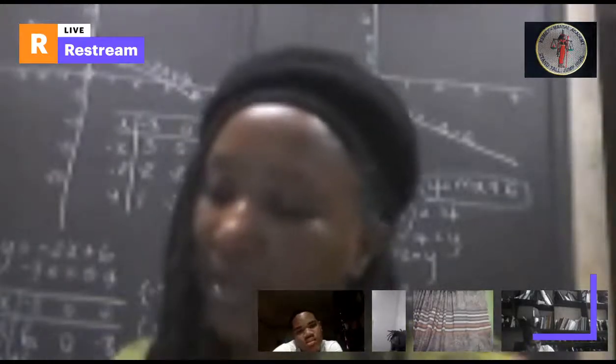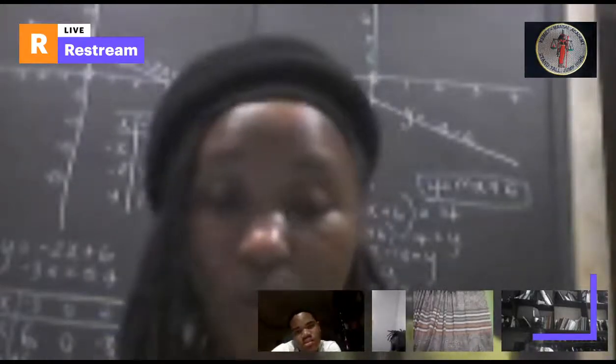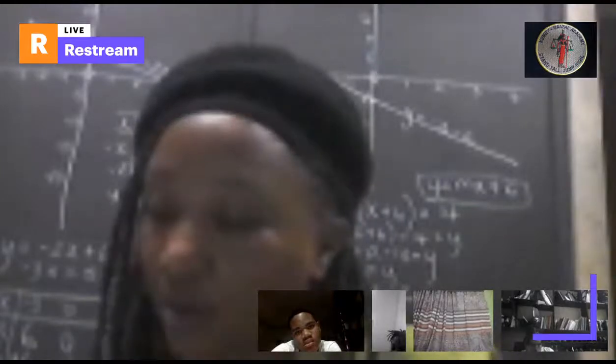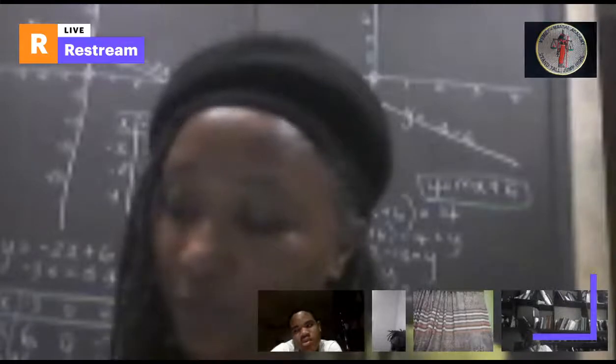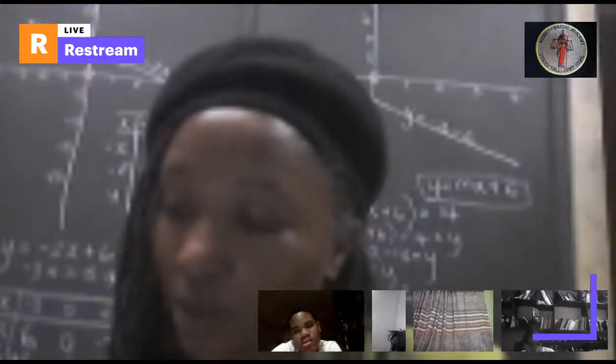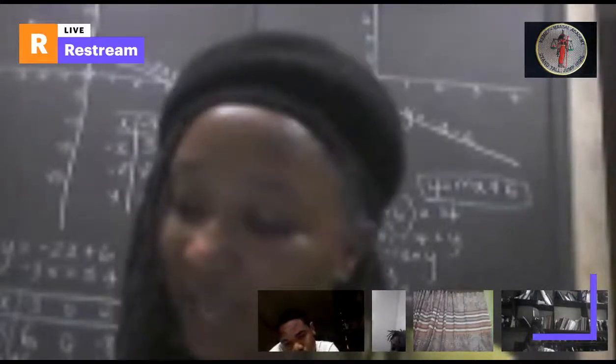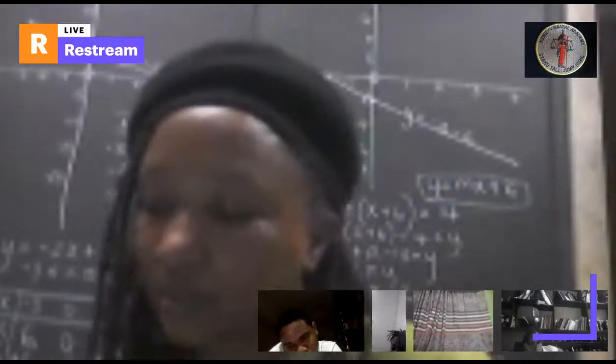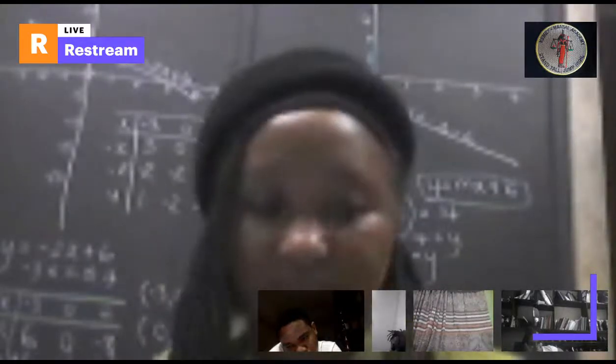The formula would be y2 minus y1 over x2 minus x1. In this case, it would be -2 minus 1 over -3 minus 0. And we would have -3 over -3, which would be what? -3 over -3, that would give us 1.